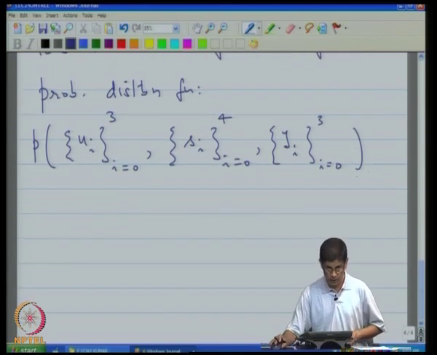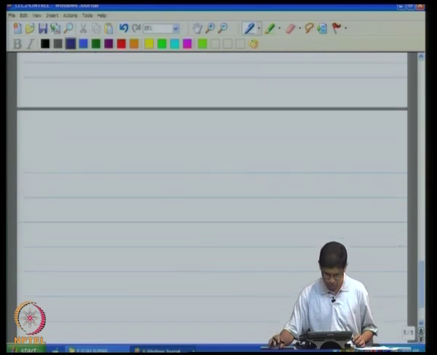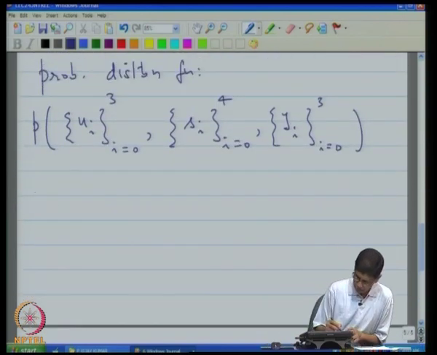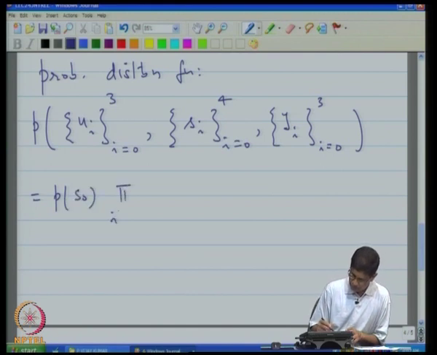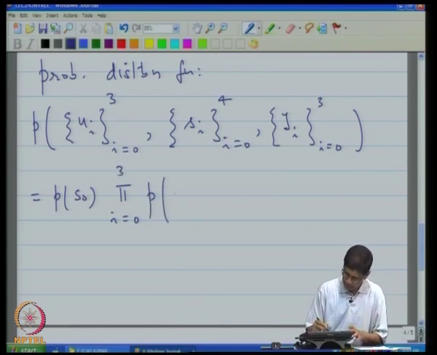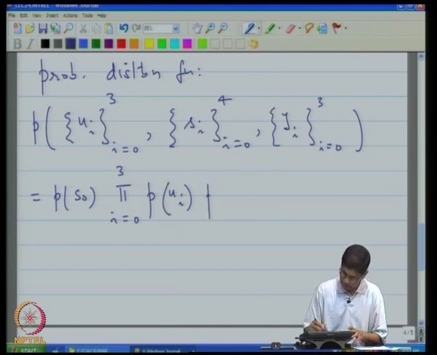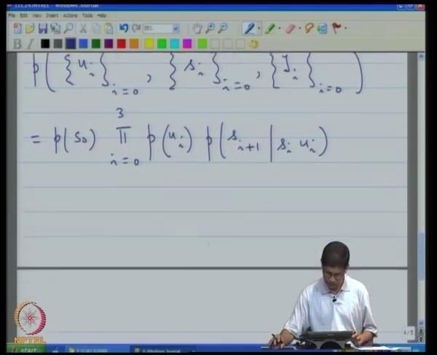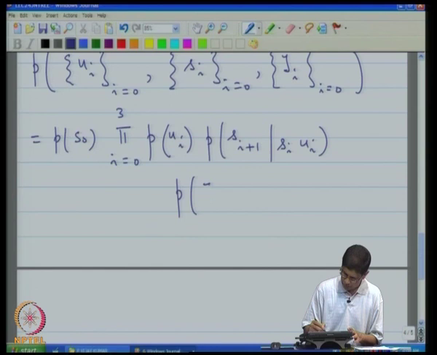The joint distribution function of all of these factors according to P of s_0, the product over i equal to 0 to 3, of P of u_i times P of s_(i+1) given s_i, u_i times P of y_i given s_i, u_i.